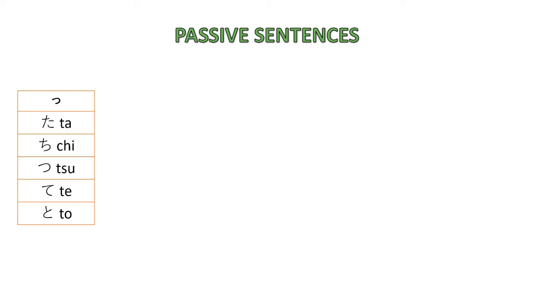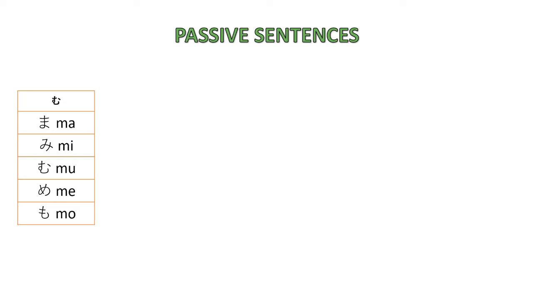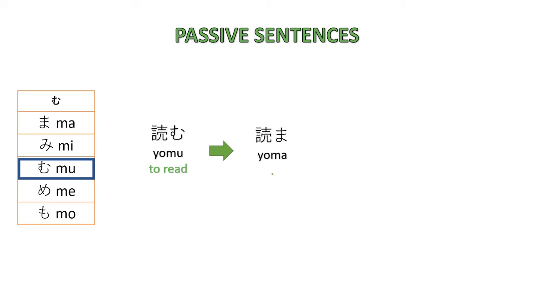For verbs ending in tsu, matsu becomes mata, and then reru, matareru. For verbs ending in mu, like yomu, yomu becomes yoma, and then add reru, yomareru.